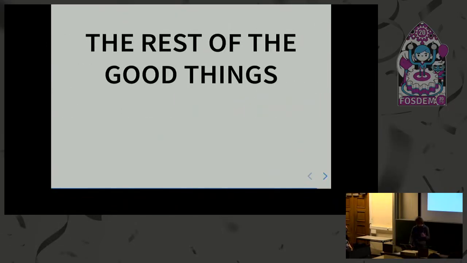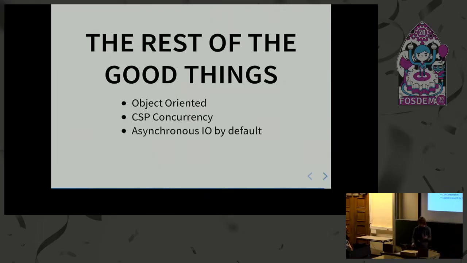And other good things about Crystal, it's object oriented like Ruby. We have CSP concurrency, so if you've used Go, we have a good implementation of essentially the same thing as goroutines and channels. We have fibers and channels, and so Crystal is very good at concurrency. Everything's asynchronous I/O by default, so it's very good for developing daemons, web applications, servers. A lot of people use it for that.